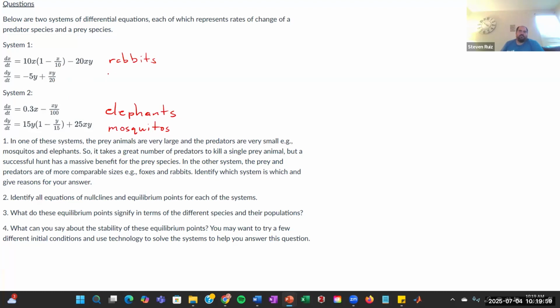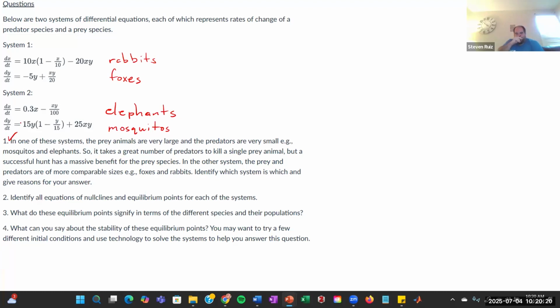Basically, they're eating, they're getting nourished, which helps them survive and procreate. So finally, these are the foxes here. Hopefully that makes sense on how I'm identifying each one. All right, so part one is done.